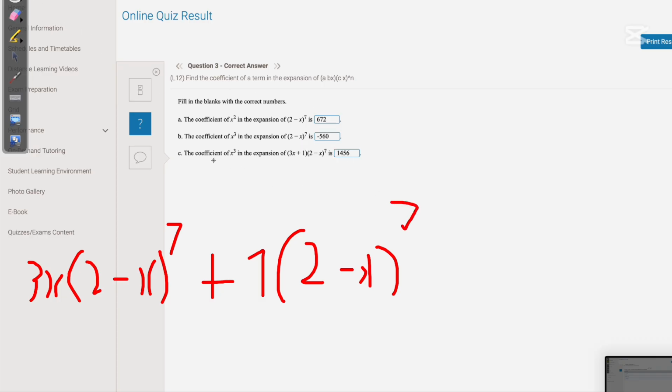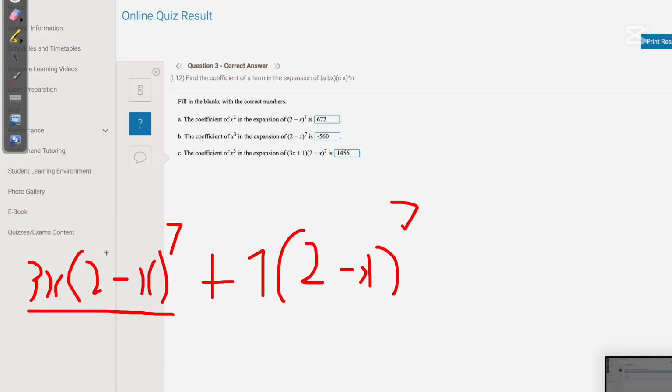Now, as I said, they want x to be to the power of 3. So now let's start here. 7Ck, I'm just going to write it up. 3x, okay, first let's find k.